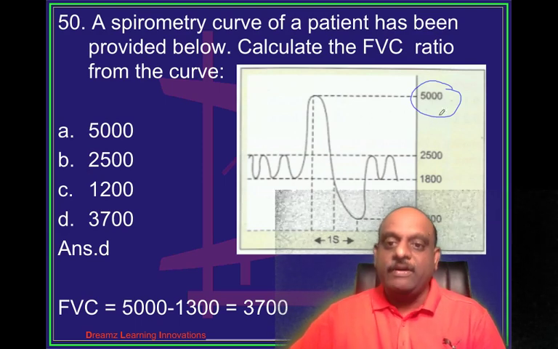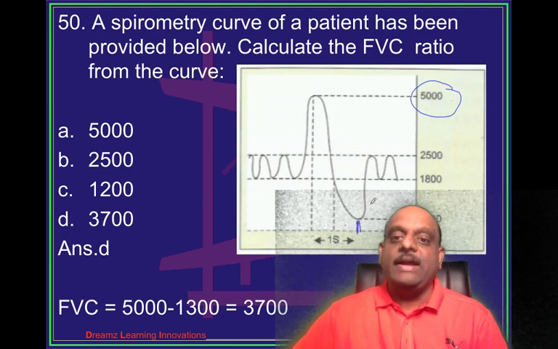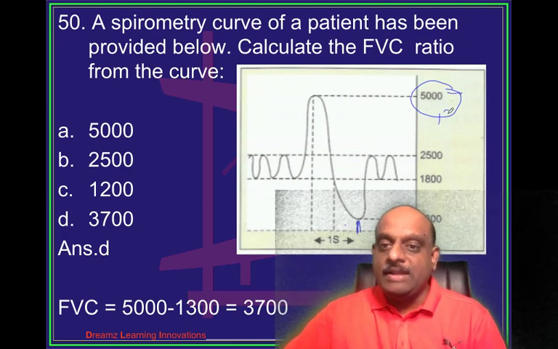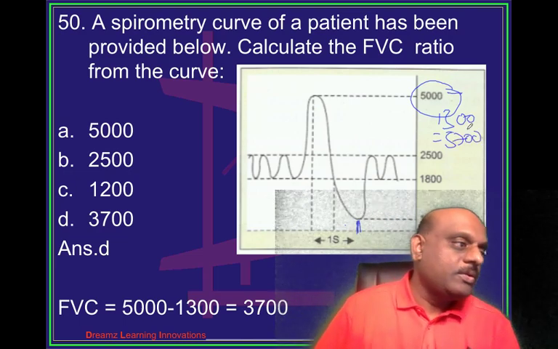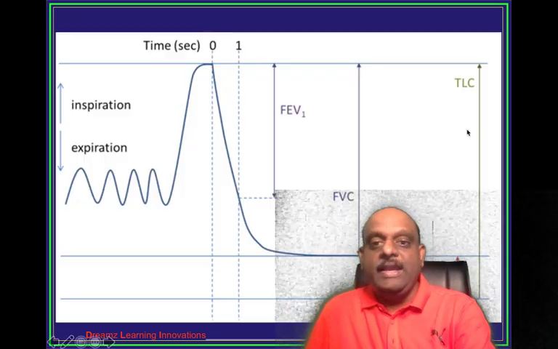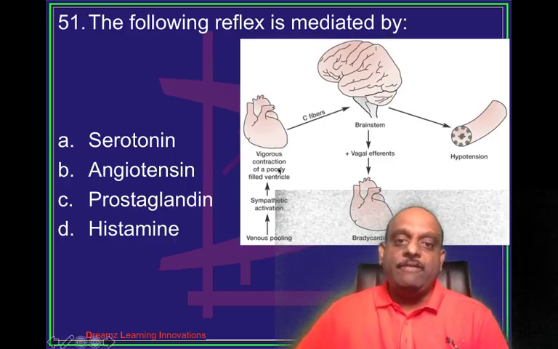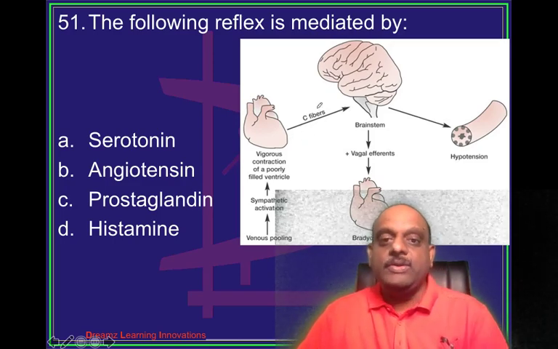Total lung capacity is 5,000. उसमें से residual volume is 1,300. So minus 1,300. वो हो गया 3,700, which is typically the FVC value.